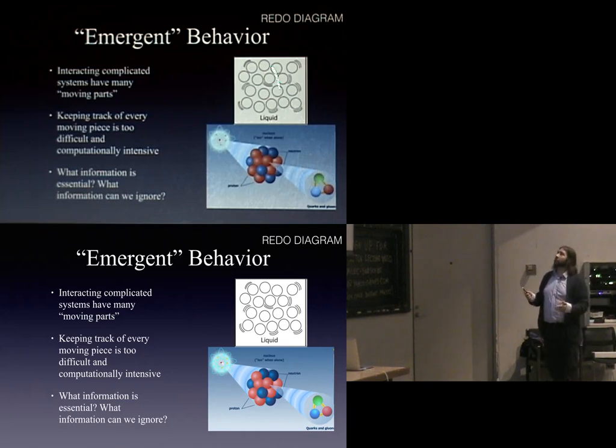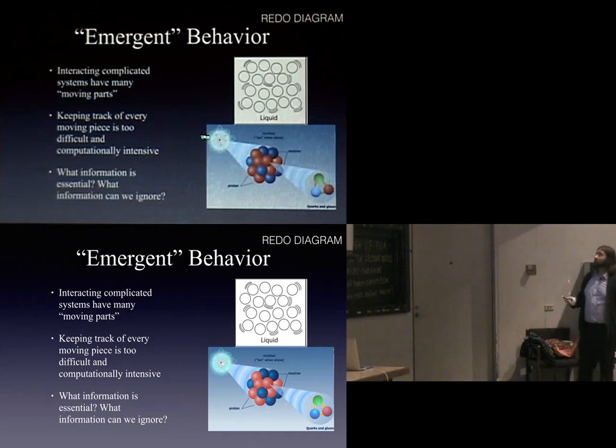So here, you have the pictorial idea that a liquid is made up of a bunch of particles bouncing around, but when you think of a liquid, you don't think of those particles, you think about water flowing. Or similarly, if I have an atom, I can zoom in on the middle of that atom, and I see there's a nucleus made up of neutrons and protons, and each one of those is made up of quarks and gluons, and this goes down and down.